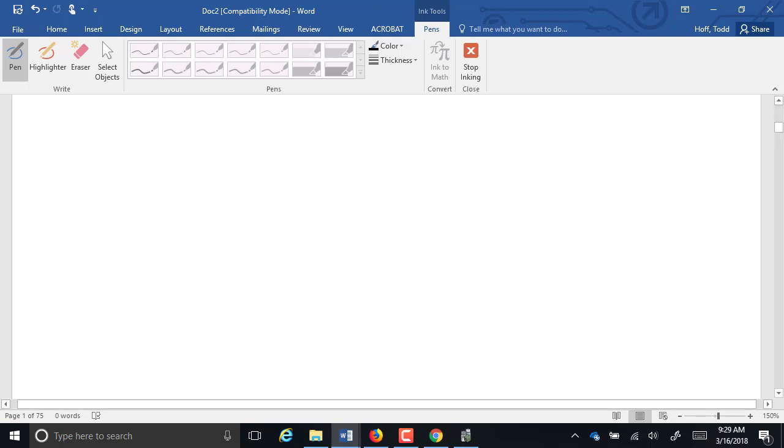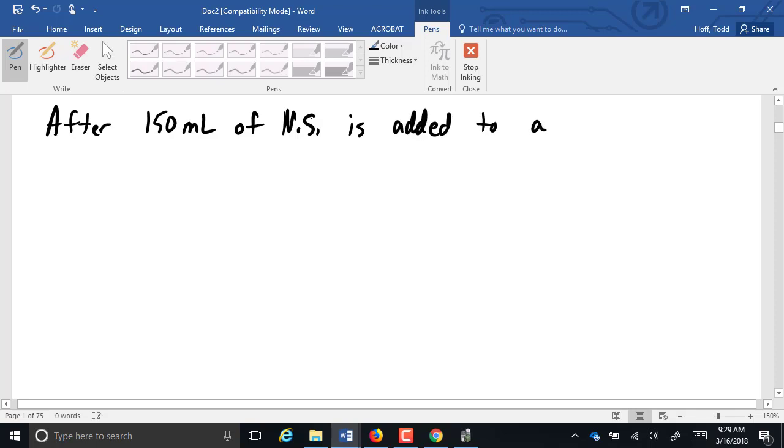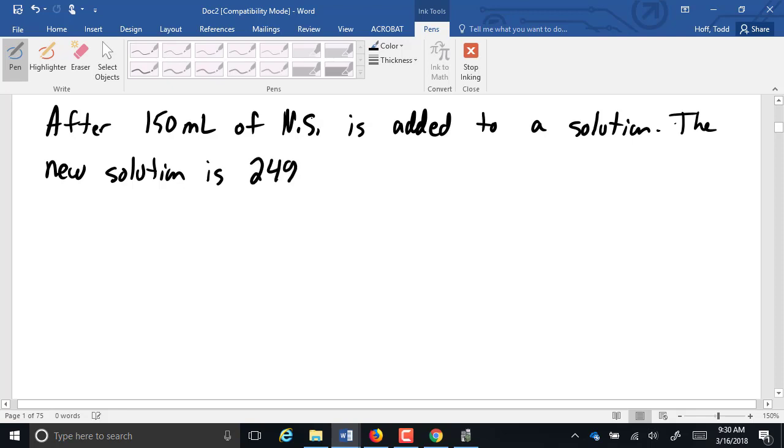So let's say that after 150 milliliters of saline is added to a solution, the new solution is 24% and 200 milliliters. Find the original concentration.